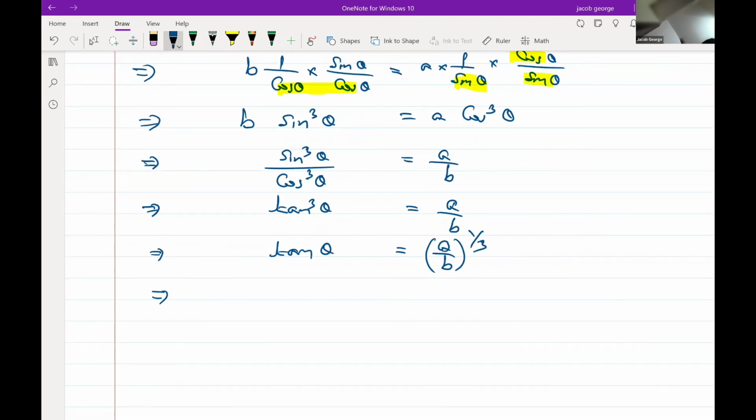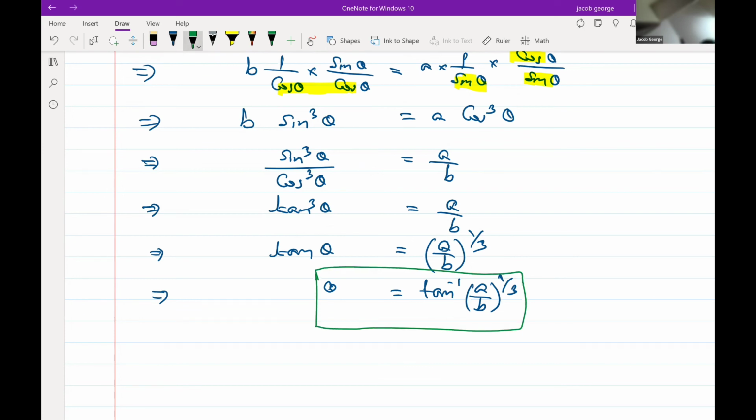So theta is equal to tan inverse of A by B the whole raised to 1 by 3. This is the value of theta we found. So please write till here.